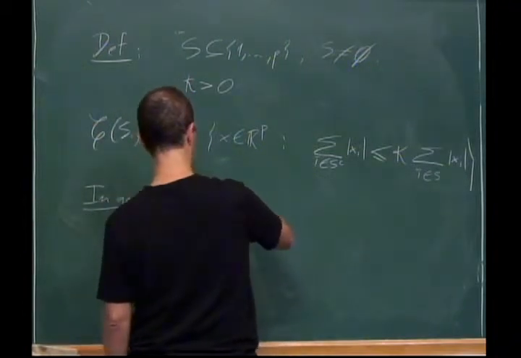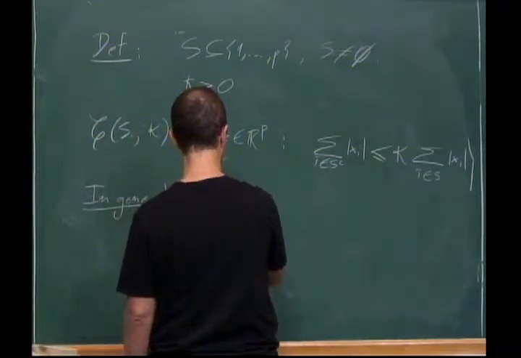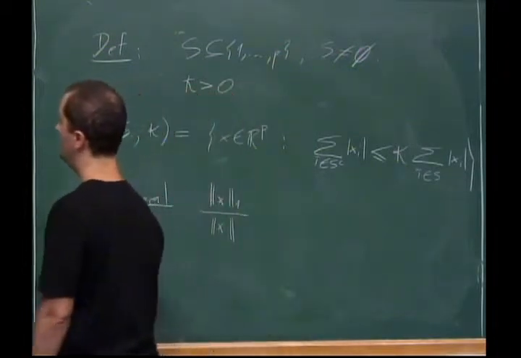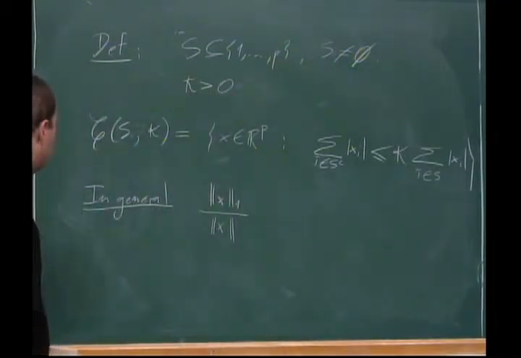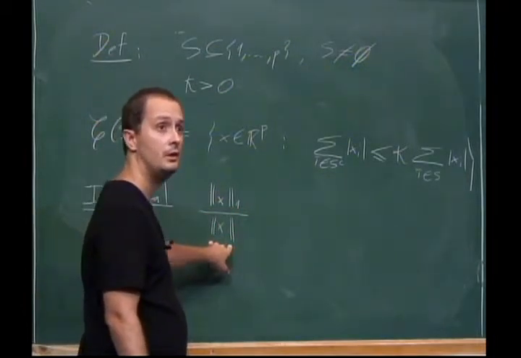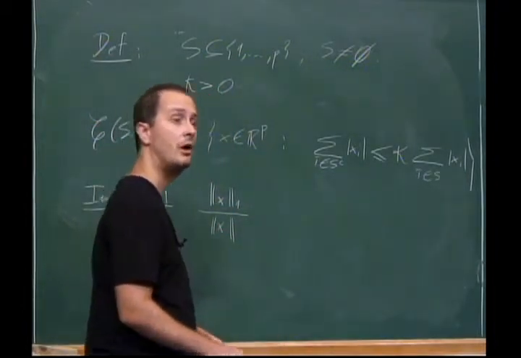This is one of those exercises that we all do at some point in life. In general, you can look at the ratio of the L1 norm to the L2 norm for p-dimensional vectors. How large can this be?